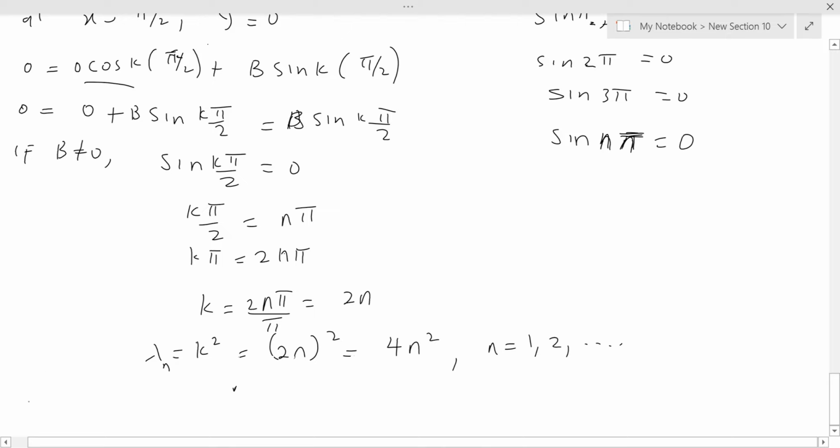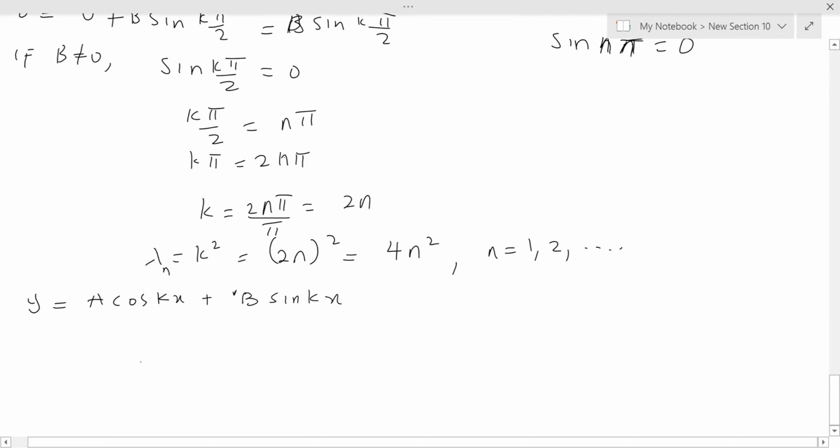So next thing is coming back to the general solution that we got earlier, a cos kx plus b sine kx. We have the value of a to be 0 and b wasn't 0, and we've also gotten the value of k to be 2n.